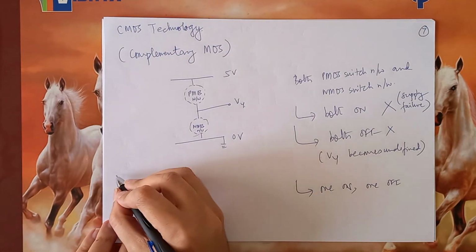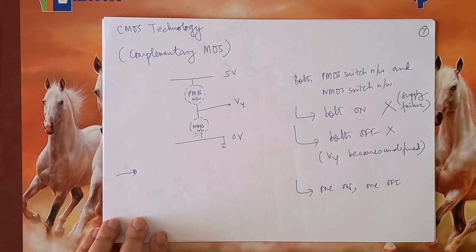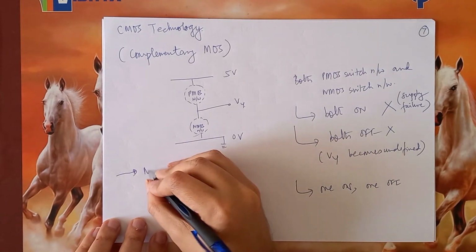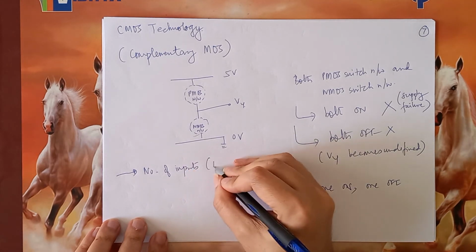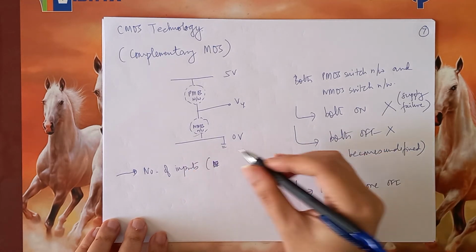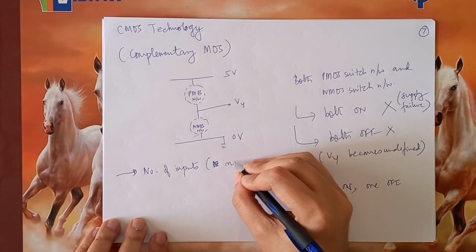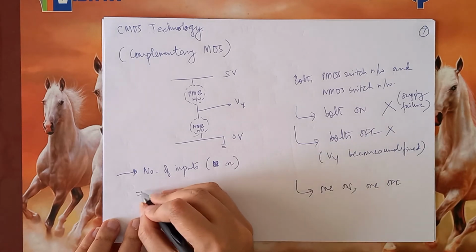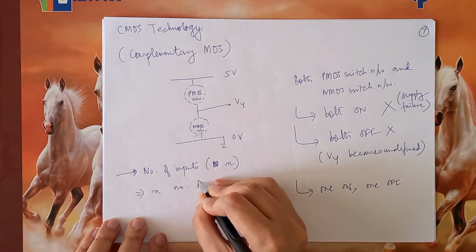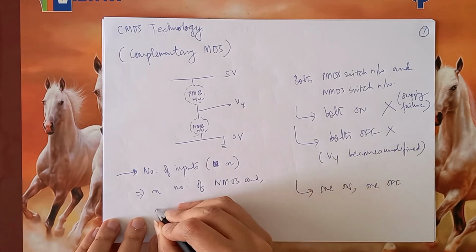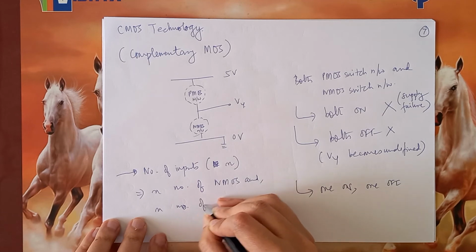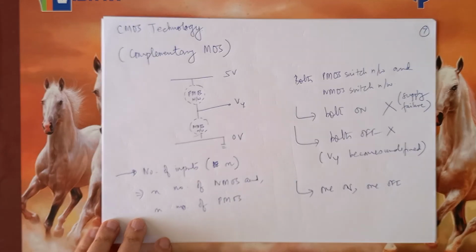One more thing to note about this, which is very interesting, is the number of inputs in the system, let's say small n. That means n number of NMOS transistors and n number of PMOS transistors also.